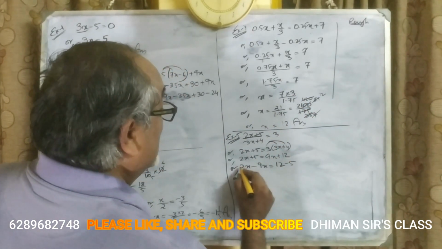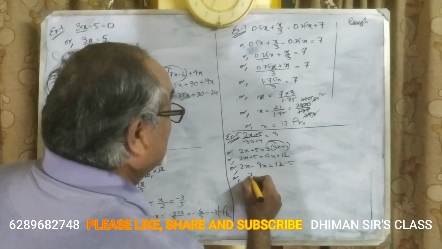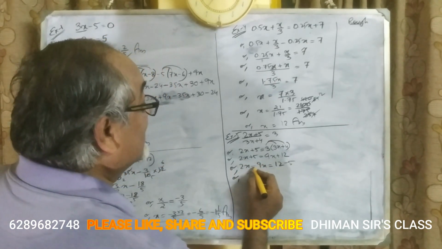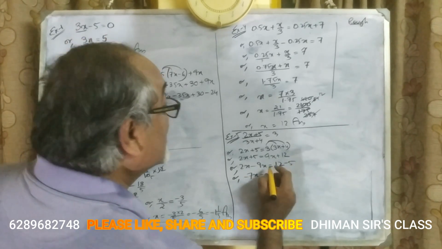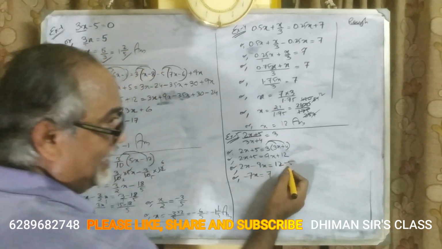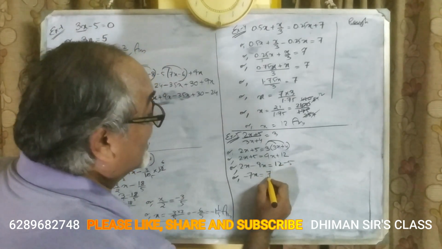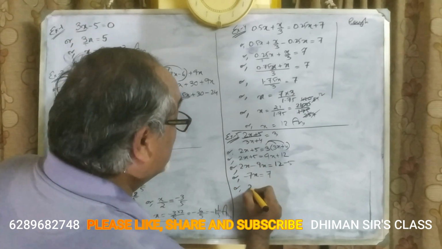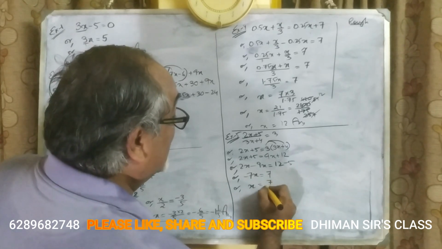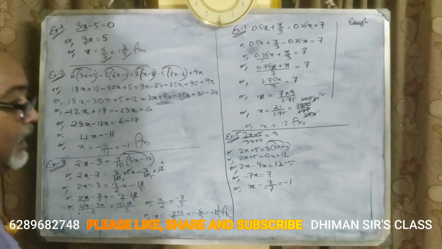So 2x minus 9x is minus 7x. 9 is bigger, its sign is minus, so minus. Is equal to 12 minus 5 is 7. 12 is bigger, its sign is plus, so plus. Now let x be alone, x is equal to 7 by minus 7, is equal to minus 1. Answer.